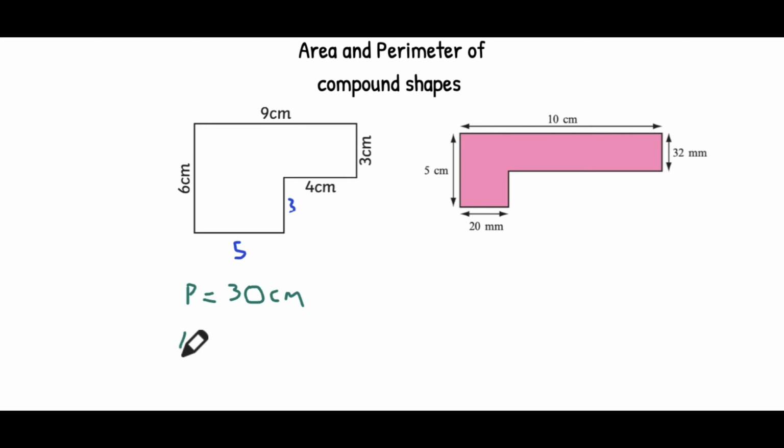Now when we go to area, we know that the formula of a rectangle is length times width. One thing that I always encourage you, it's always important to know your formulas, mainly because it will help you understand how to do your area or perimeter. Some of the key ones are: for a square, side times side; for a rectangle, length times width; and for a triangle, base times height divided by 2.